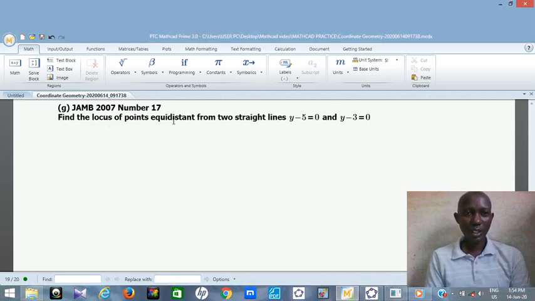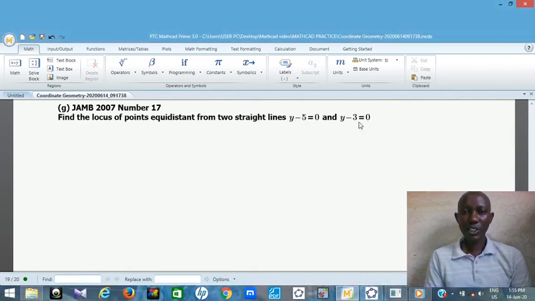This locus is a set of points that are equidistant from two straight lines. That means we have a line that has equal distance from two straight lines. So what this means is these two lines must be parallel lines. Y minus 5 equal to 0, y minus 3 equal to 0.